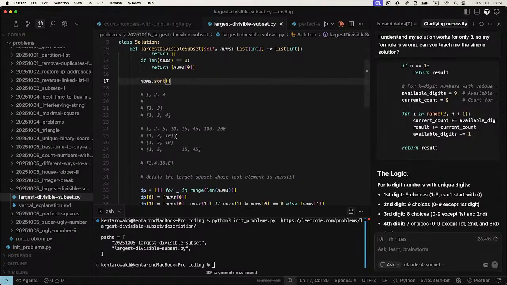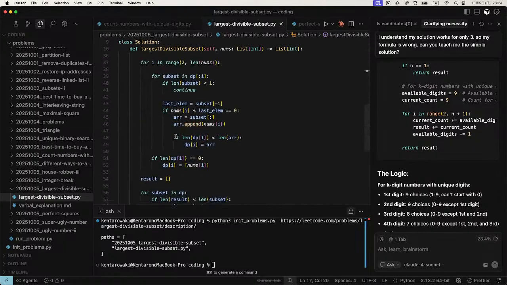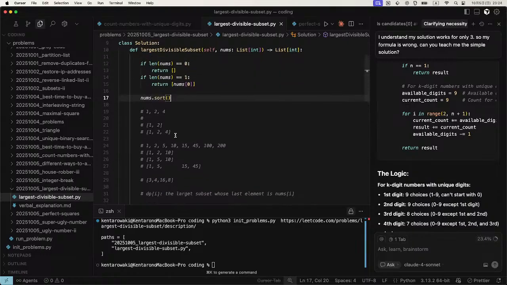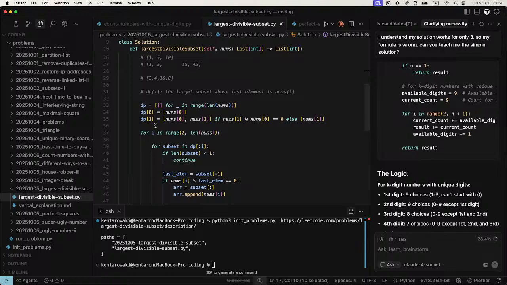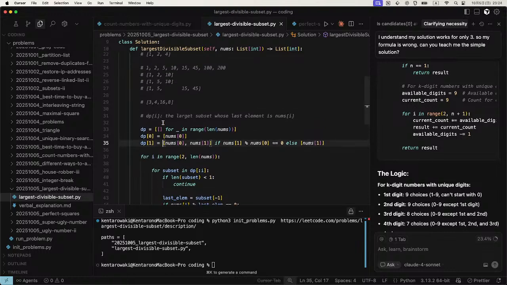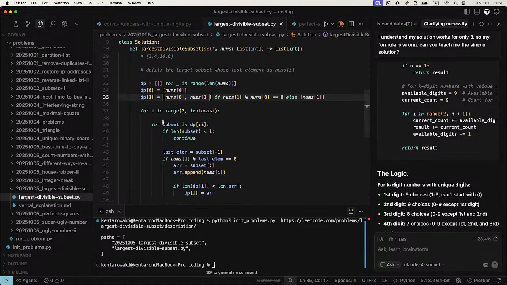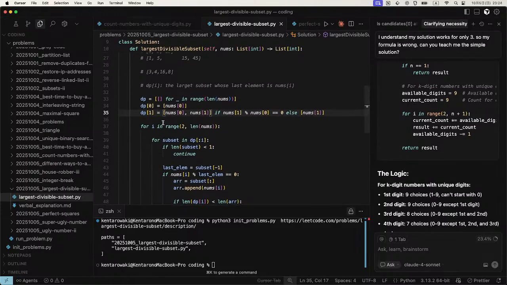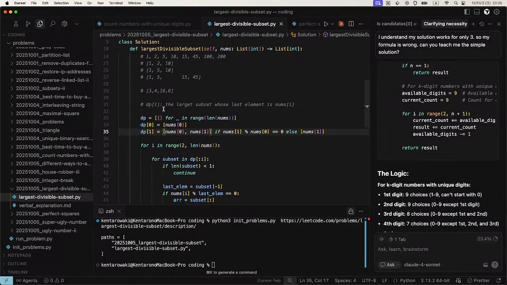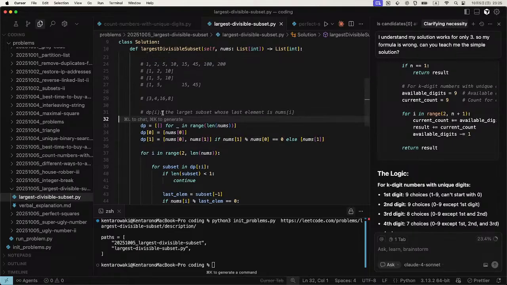And then to make it easy to handle, we sort the original numbers, and this problem can be solved by defining subproblems, and we define the subproblems like this.